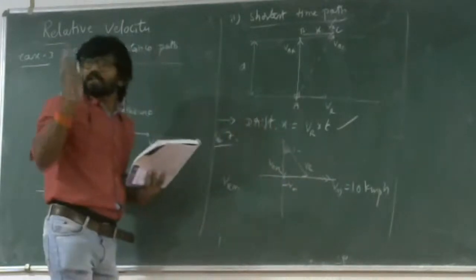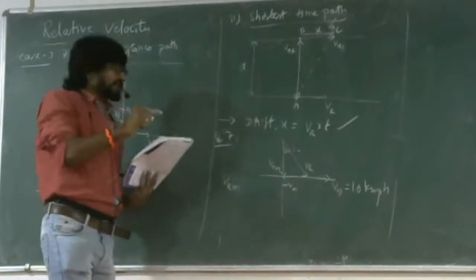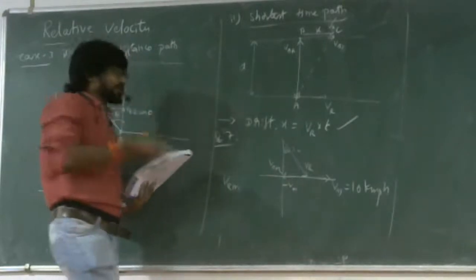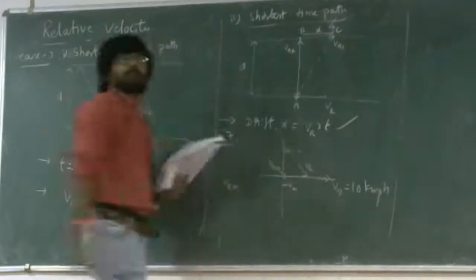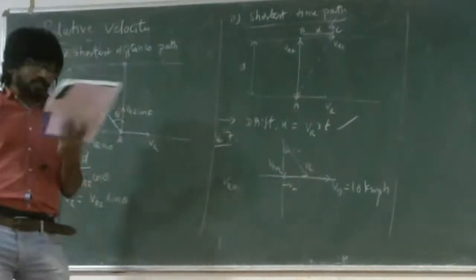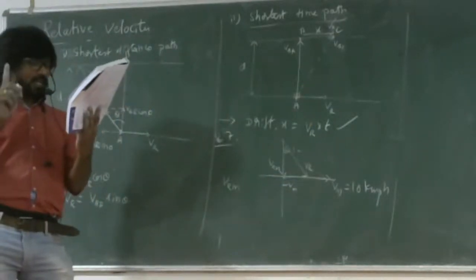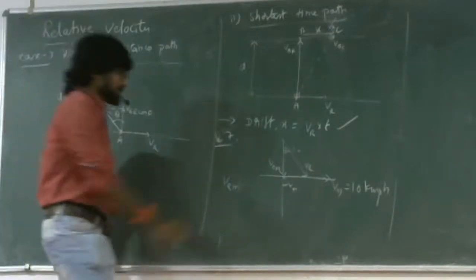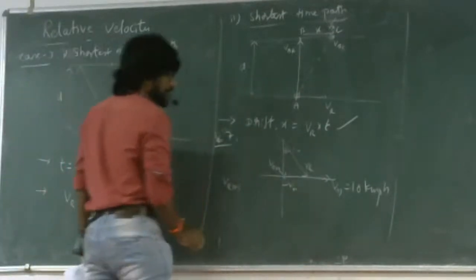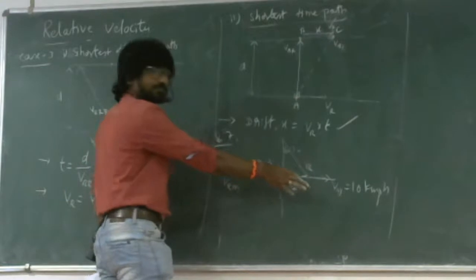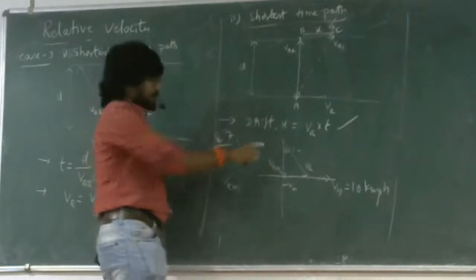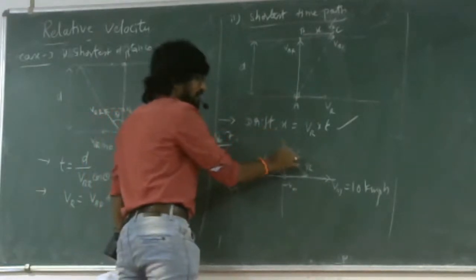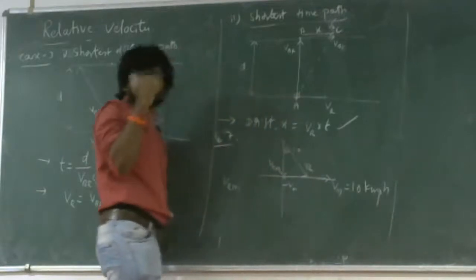Is it clear? For this case to be possible, what should be the velocity of the rain? So the actual speed of the raindrops is the question. So the scenario is clear. The rain is falling at an angle of 30 degrees with respect to vertical, so he is holding the umbrella.